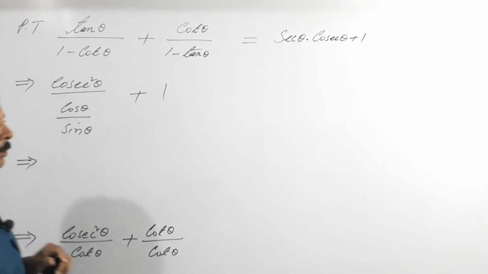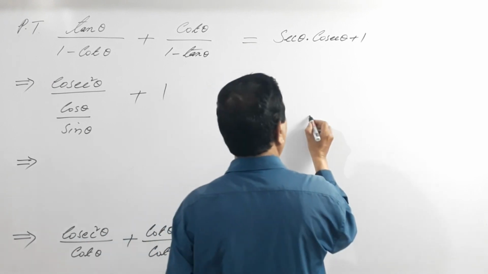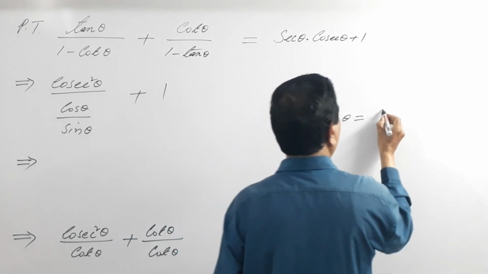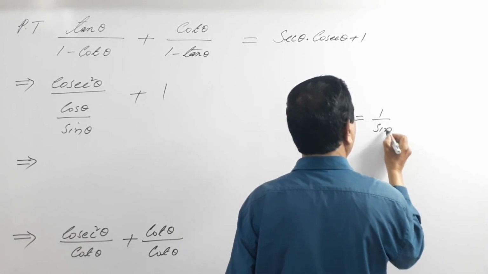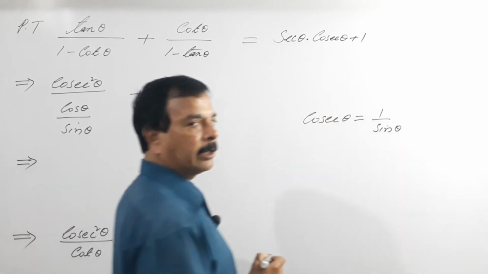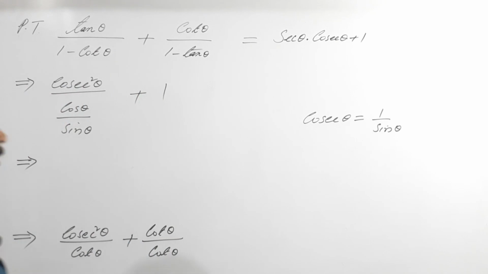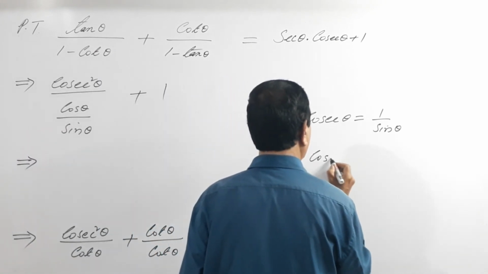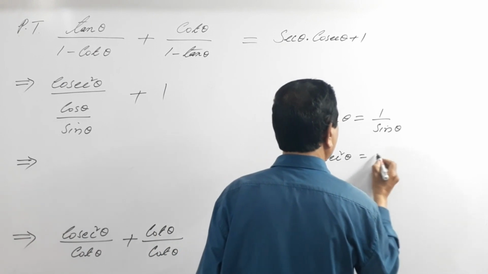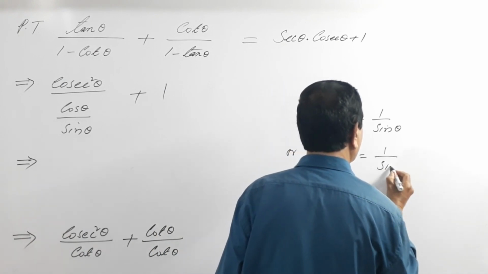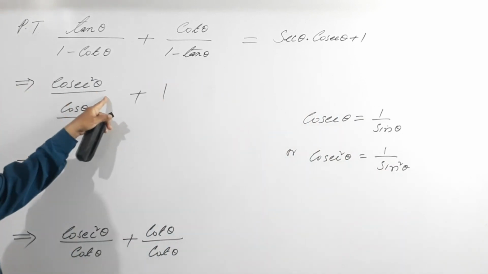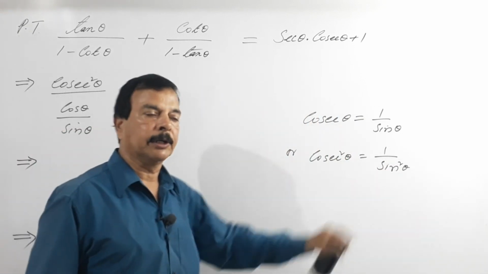So what is cosecant square theta? We know that cosecant theta equals to 1 by sin theta because they are reciprocals. Or if you square both sides, cosecant square theta equals to 1 by sin square theta.